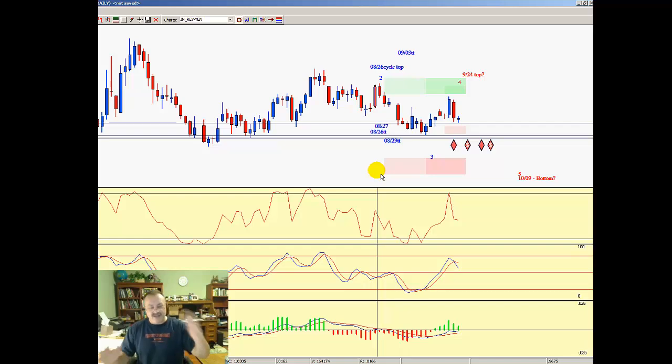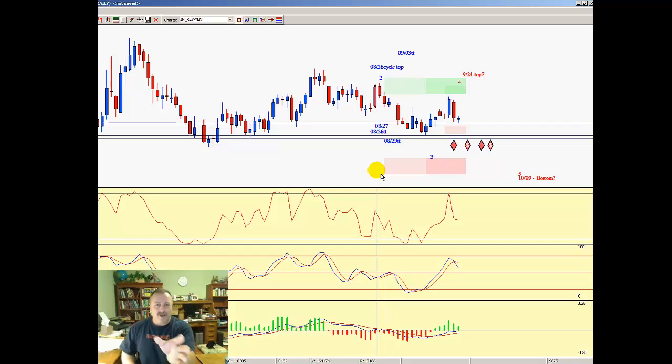Now, I said I would explain the futures Forex connection here. When it comes to the futures market for the Japanese yen, if you're going to trade that in the Forex, the pair for the Japanese yen has USD listed first, USD JPY.